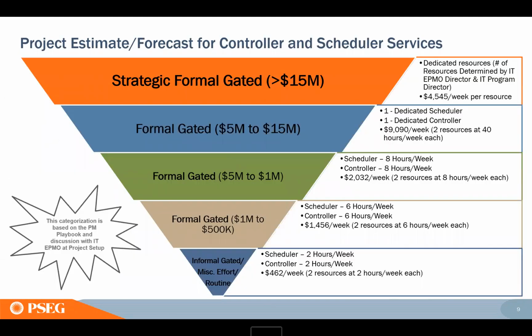Okay, and then it's important for the PMs to understand the costs associated with the controller and scheduler. There has been a model put in place, and we'll go through what each of these categories are in much more detail in the stage gate process. But from a budgeting and estimation perspective, here's what you should be estimating and budgeting for your projects. If it's a small project, under $500,000, your scheduler and controller should be no more than 2 hours a week on your project.